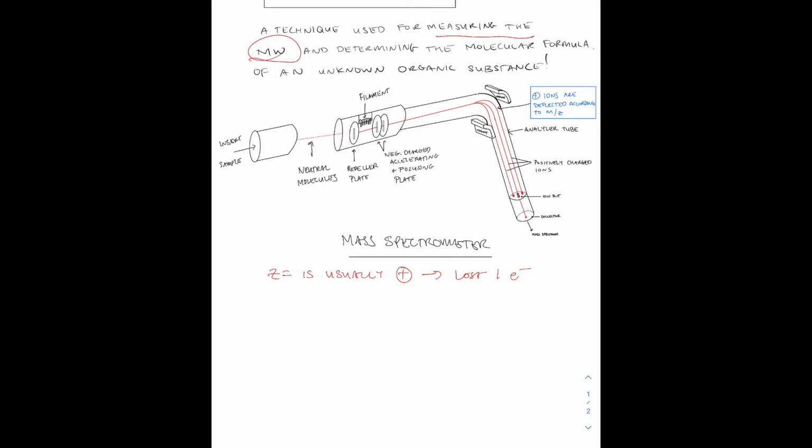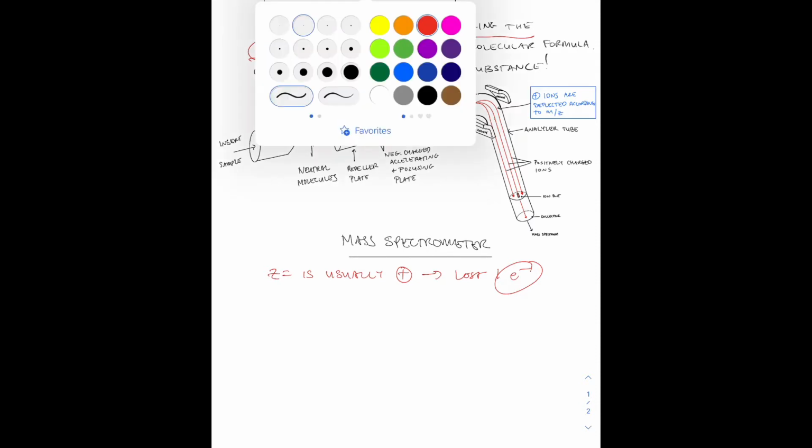And this is because at the collector, we are examining the mass of this specific compound, and it's also based off of the strength of that magnetic field. And since we only lost 1 electron, whatever shines through the detector is pretty much the molecular weight of our actual organic substance.